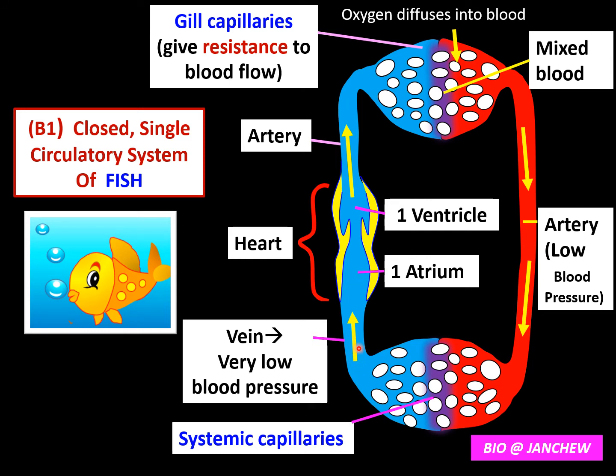If blood pressure is very low, the flow of blood is slow, then the supply of oxygen to the cells will also be slow. This will cause cellular respiration to be slower and less energy is produced for the activities of the organism. That is the weakness of the single circulatory system: low blood pressure compared to the double circulatory system in frogs and humans, which we'll study afterwards.